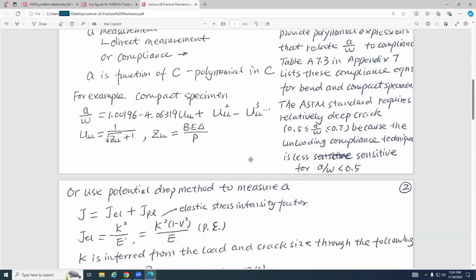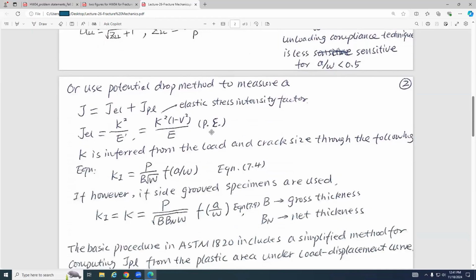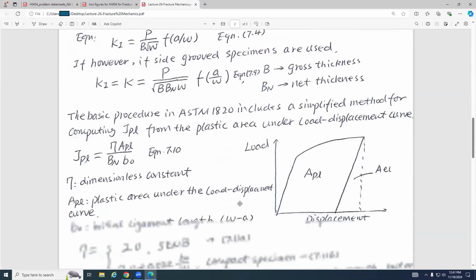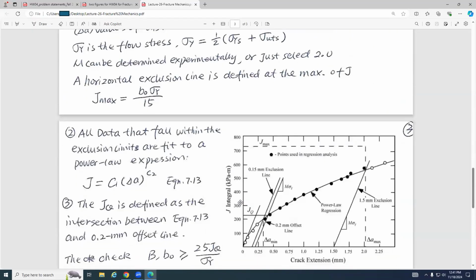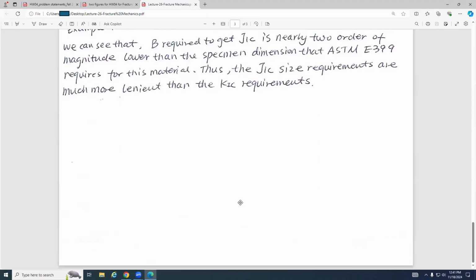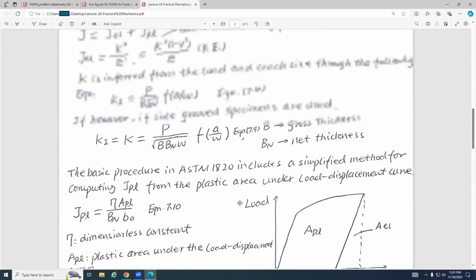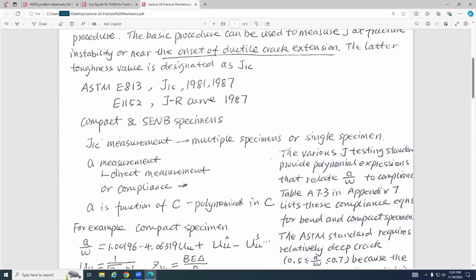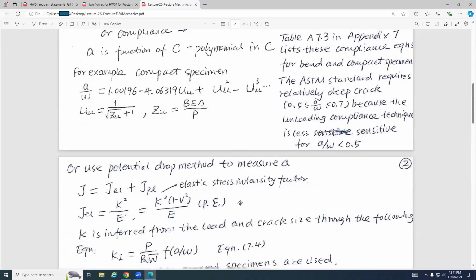I want you guys to pay more attention to this one, because it is very, very important when you really want to do some experiments to determine something.